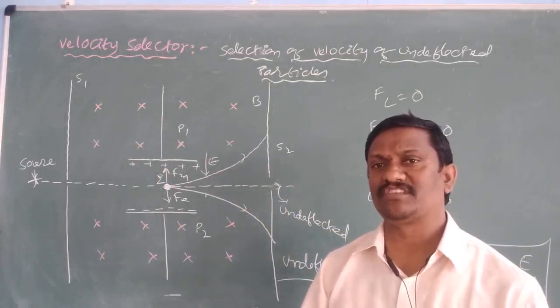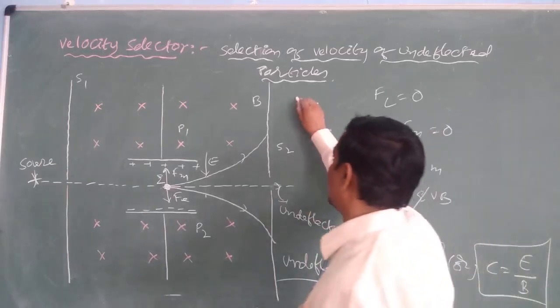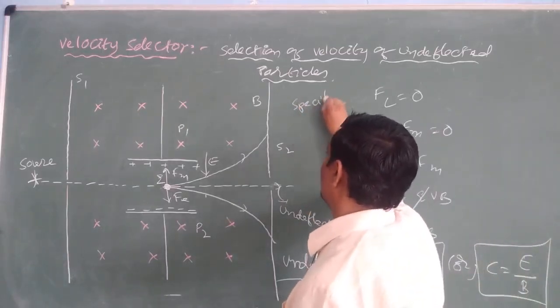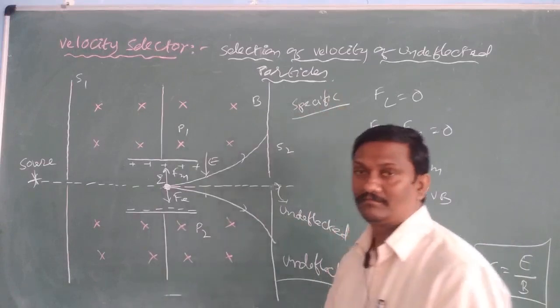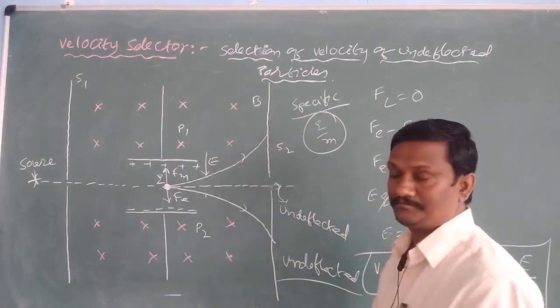But what is the use of this velocity selector? With the help of this velocity selector, we can calculate the specific charge of a charged particle. We know specific charge means the ratio of charge to its mass.